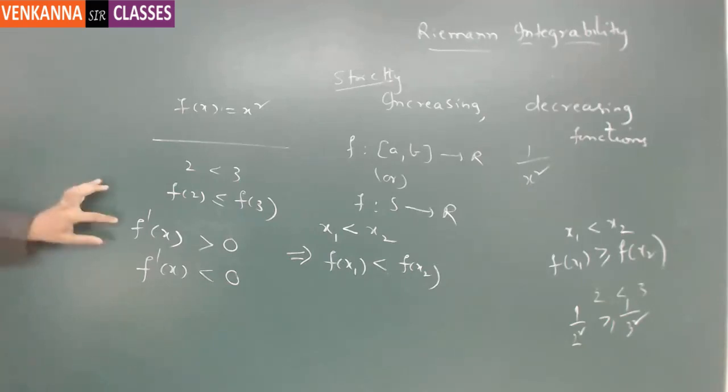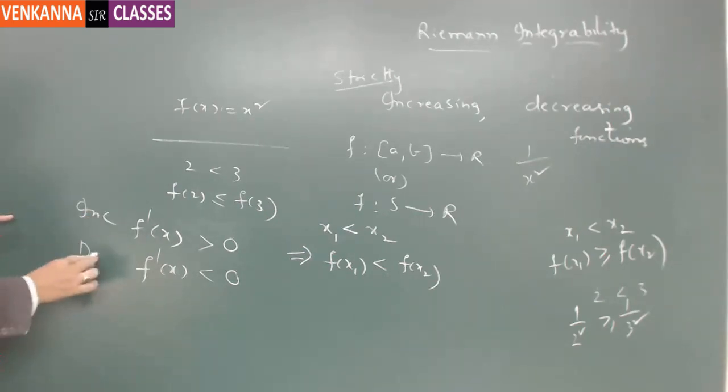I think this point is known to you. Otherwise, please take a note of it. For increasing, it must be greater than 0. For decreasing, it must be less than 0. Fine.